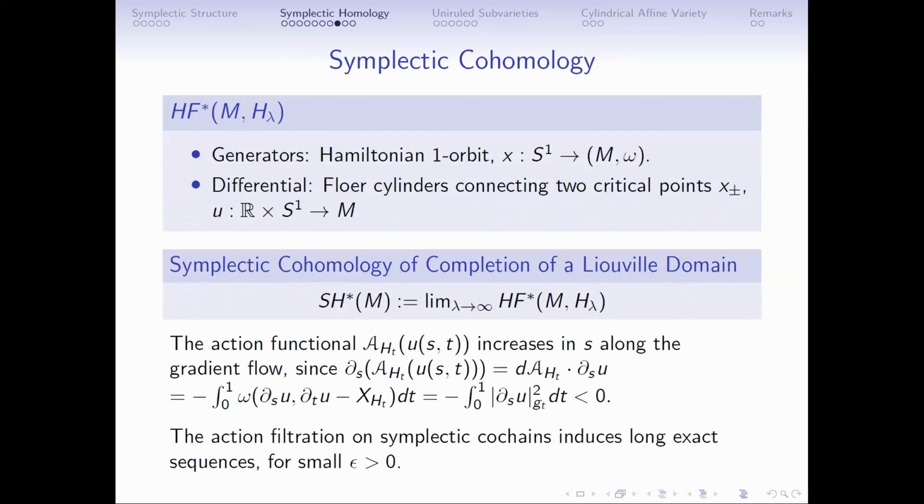And then we can define a Hamiltonian Floer homology given a Hamiltonian function. We consider generators and a differential. But this depends on the choice of Hamiltonian. So we consider a sequence of Hamiltonians: we choose one almost zero and going up, then a little bit bigger, almost zero and going up.